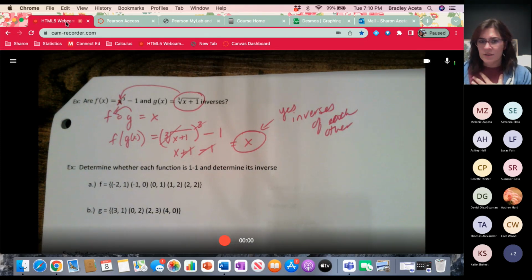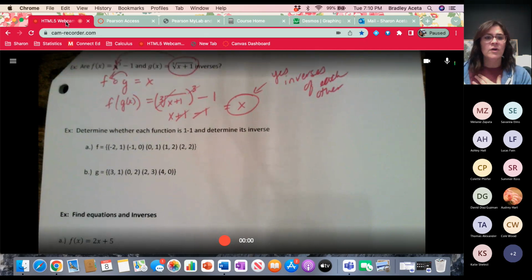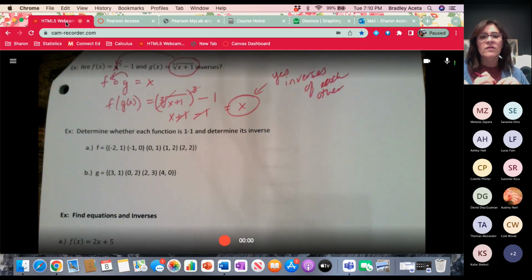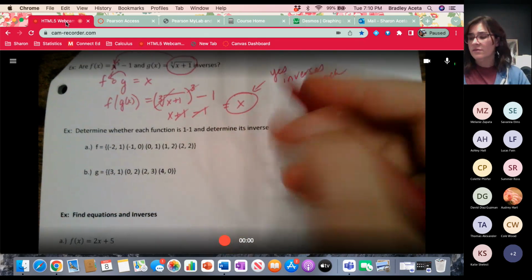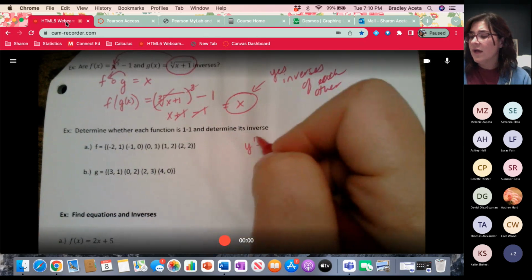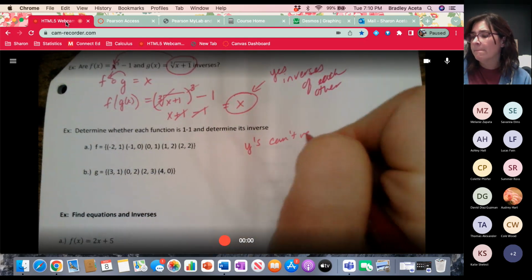Okay, this was another question on homework, and it said, determine whether each function is one-to-one and determine its inverse. So to be a function, your x's can't repeat. To be one-to-one, your y's can't repeat.